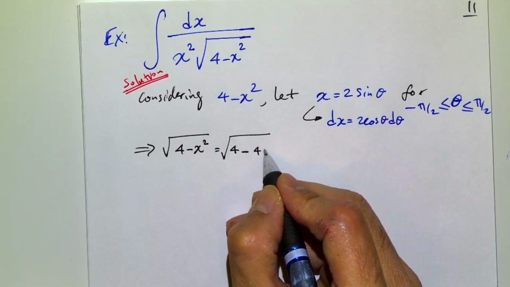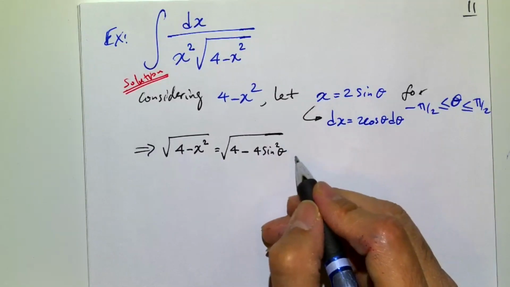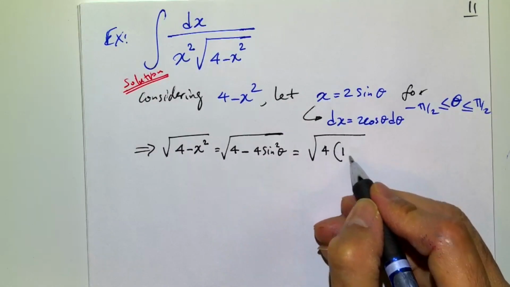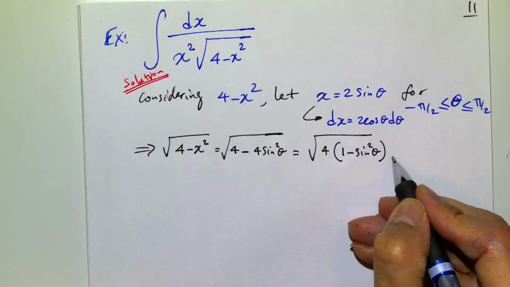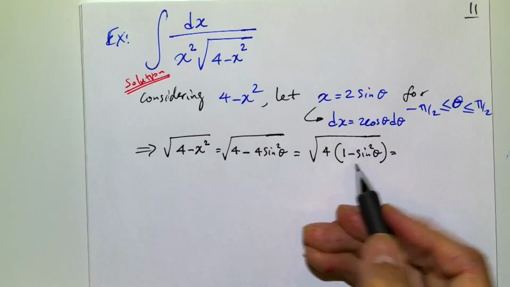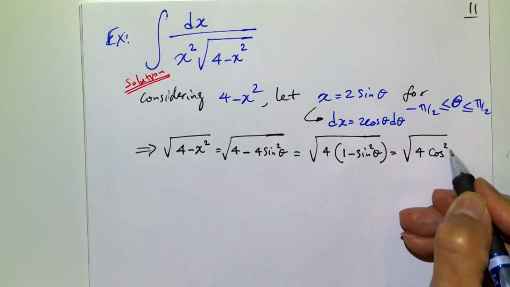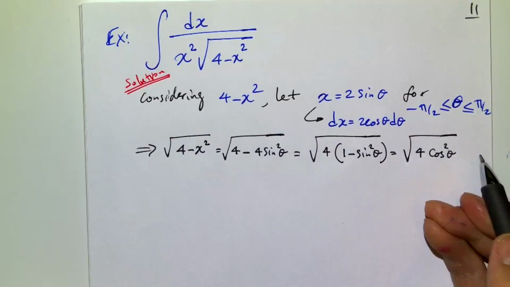So minus 4 sine squared theta. Then factor the inside. Like that. And of course, you're familiar with what this is. This would be 4 times cosine squared theta, right? And this is the square root of 4 cosine squared theta.